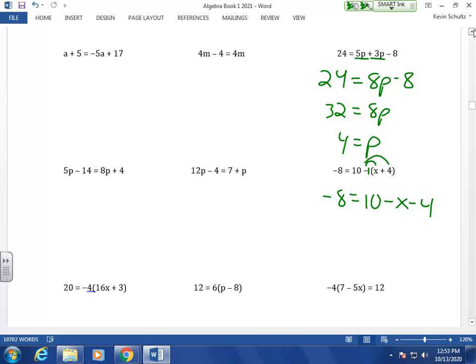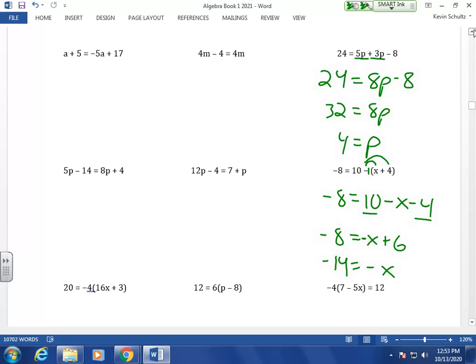Combine like terms, our constants, 10 and a negative 4 combine to be a positive 6. 10 minus 4 is positive 6. Now we're going to be using opposite operations to move that 6 over to the other side. Subtract 6 from both sides, we get negative 14 equals negative x, but we're not done yet, because what is that coefficient to x?